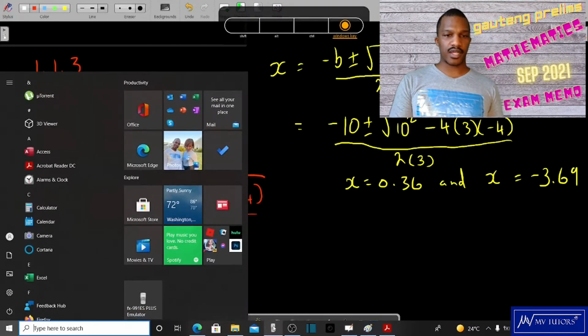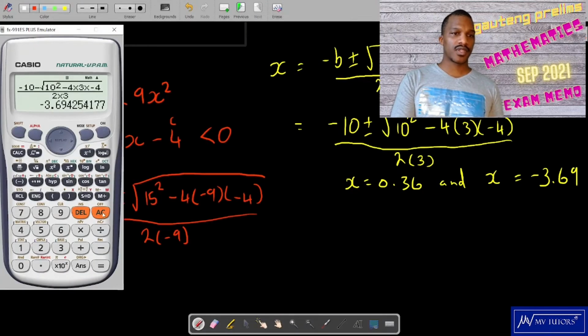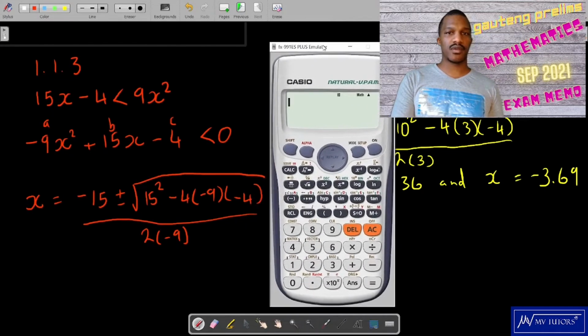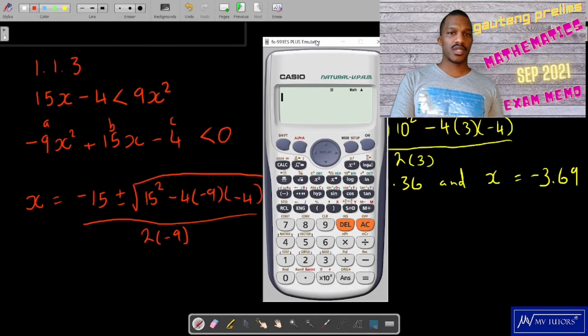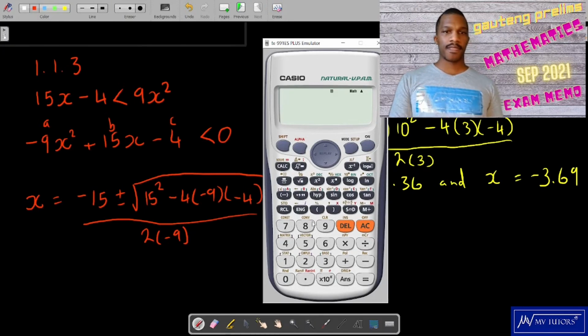Let's bring out our calculator once again. Let's clear that. Start again. Put a fraction. Minus 15, start with the plus, and then the square root of 15 squared minus 4 times negative 9 times negative 4.